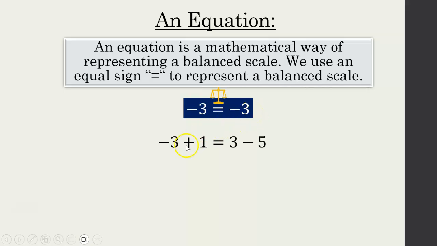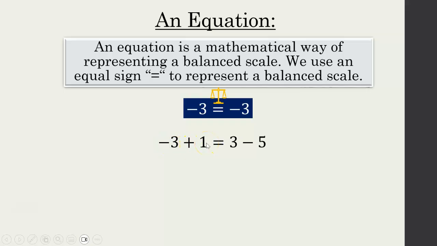Well, what about this? I had minus 3 plus 1 is equal to minus 3 minus 5. Now, this is a bit different. You'll notice, okay, this side is minus 3 minus 5. This is minus 3 plus 1. Now we have to be a little bit more cautious. They don't look originally like this, but is it still balanced? So what's minus 3 plus 1?